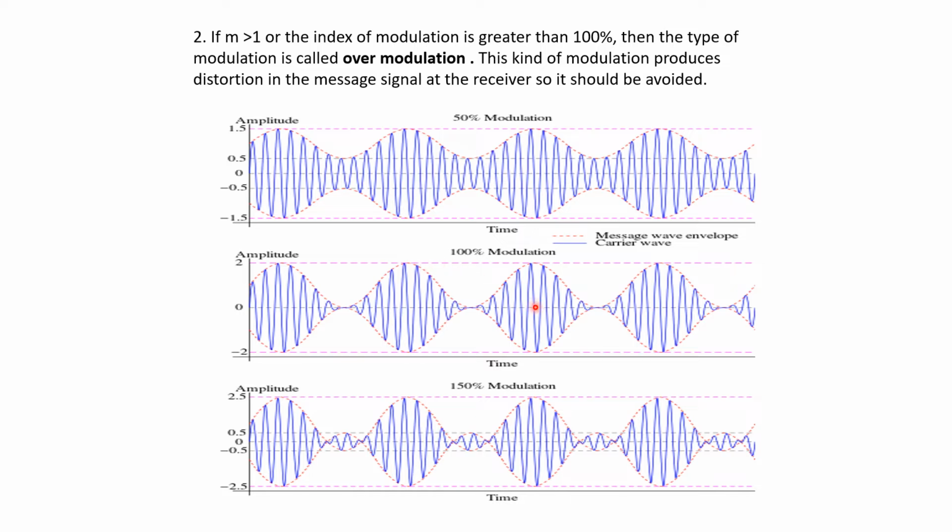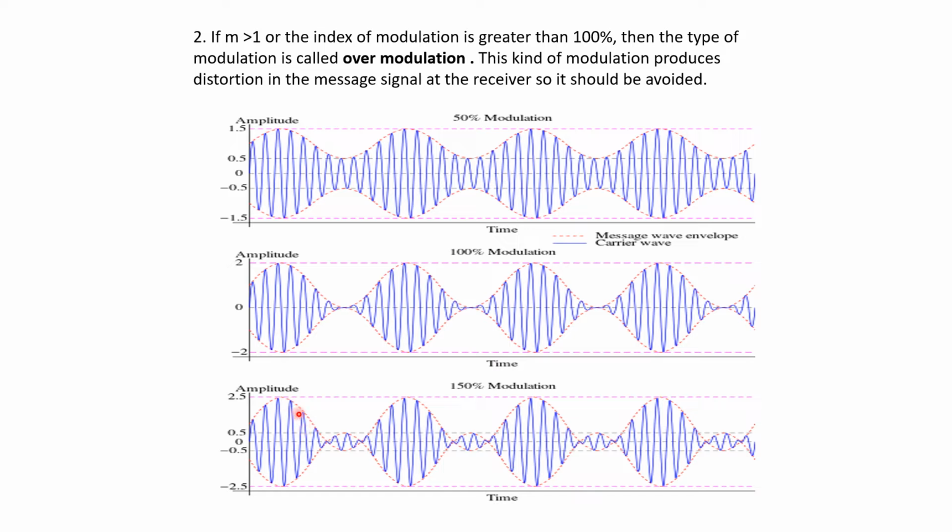This is 100% modulation. Now in the third diagram, the case is shown where the amplitude of the modulating signal is greater than the amplitude of the carrier signal. When the amplitude of the modulating signal is greater, then while it is coming down at the negative peak, it crosses over the x-axis and goes to the negative side, as is clear from this figure.